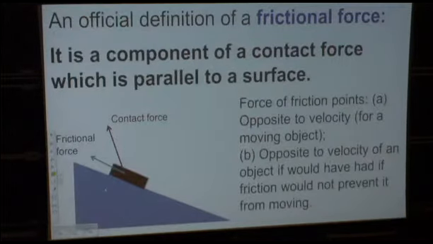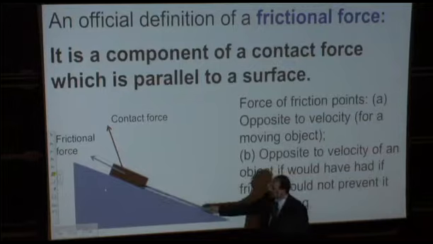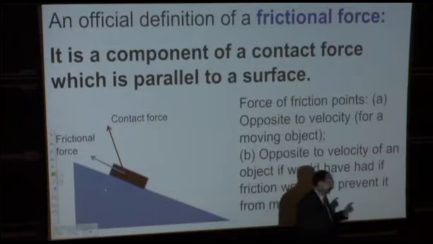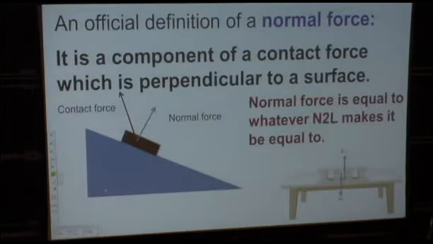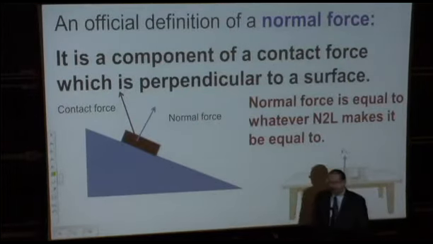One component of the contact force is the real force, but the component which is parallel to the surface, that's what we call friction. Another component of the same actual physical force, which is perpendicular to the surface, that's what we call normal force.